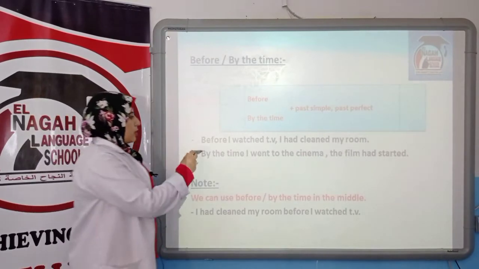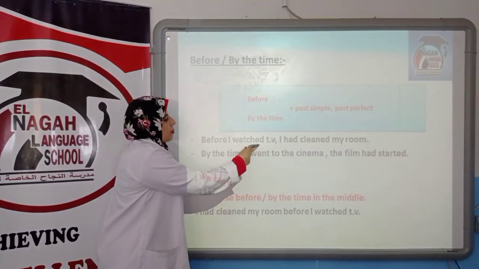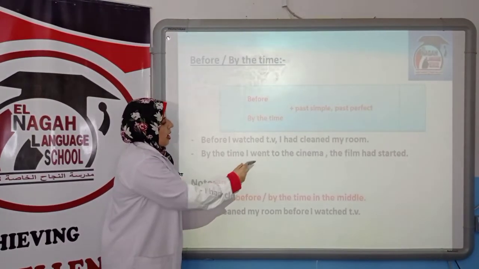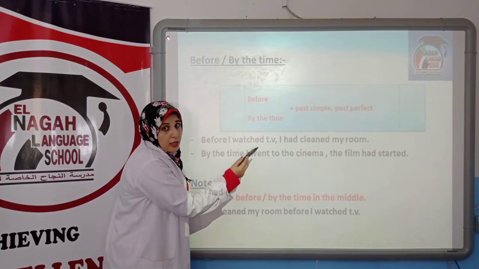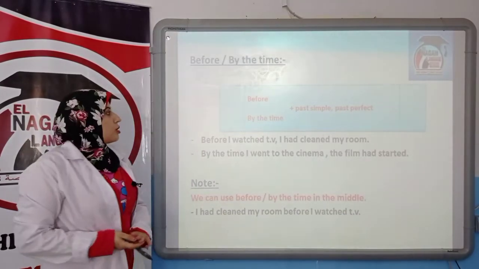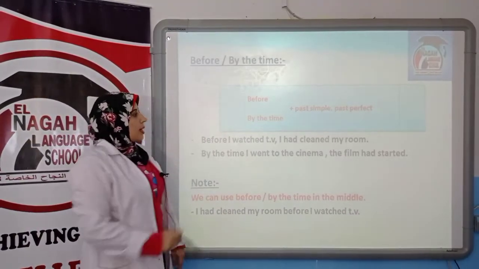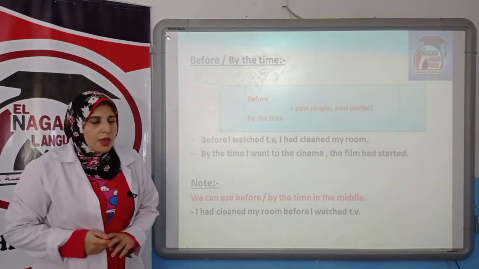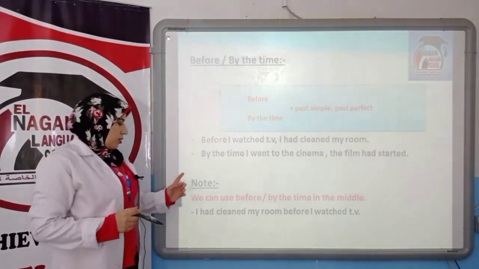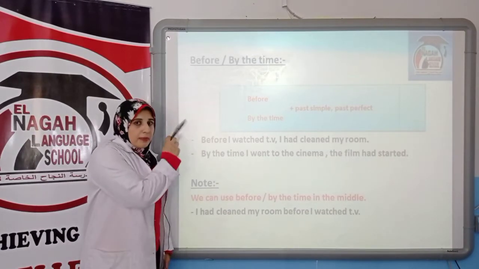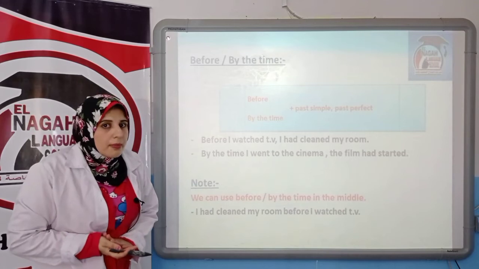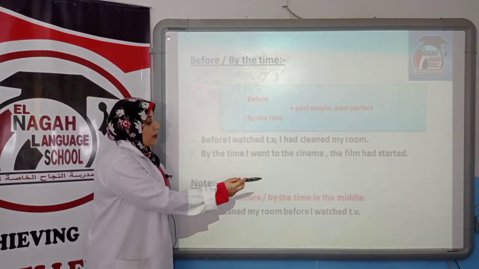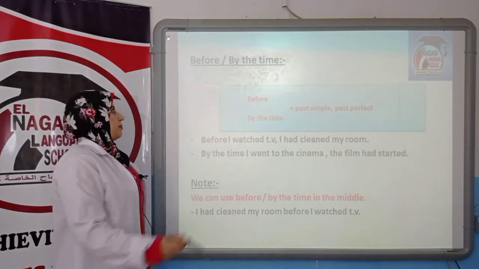Here, after before and by the time, we use past simple, then past perfect. Also, we can use them in the middle. I had cleaned my room before I watched TV.